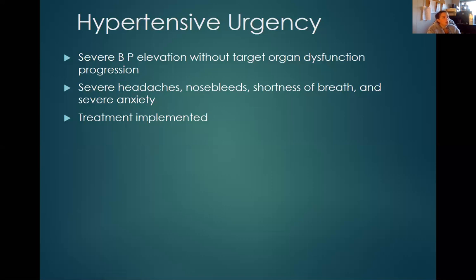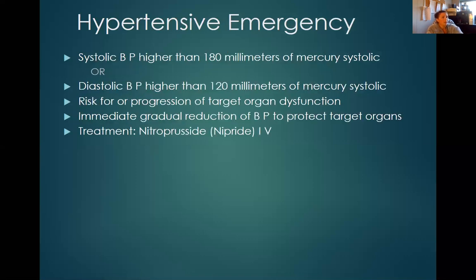So we do want to control that and implement treatment right away, but we want to do that in a kind of paced environment. We don't want to make a rapid change. And the difference in what makes a hypertensive urgency into an emergency is that there is an organ that has become dysfunctional, like the heart, the brain, the aorta.